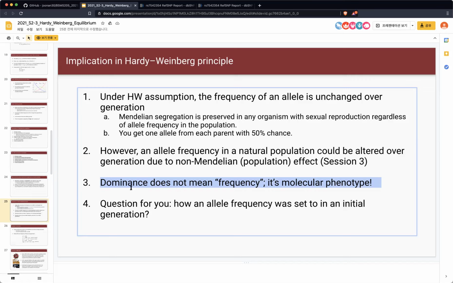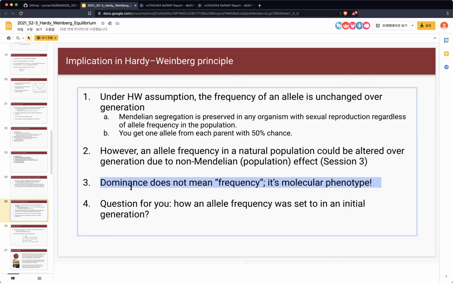So the question is, if the allele frequency does not change over the generations without a population effect, how does an allele frequency have to be set in an initial generation? That is the question for you.